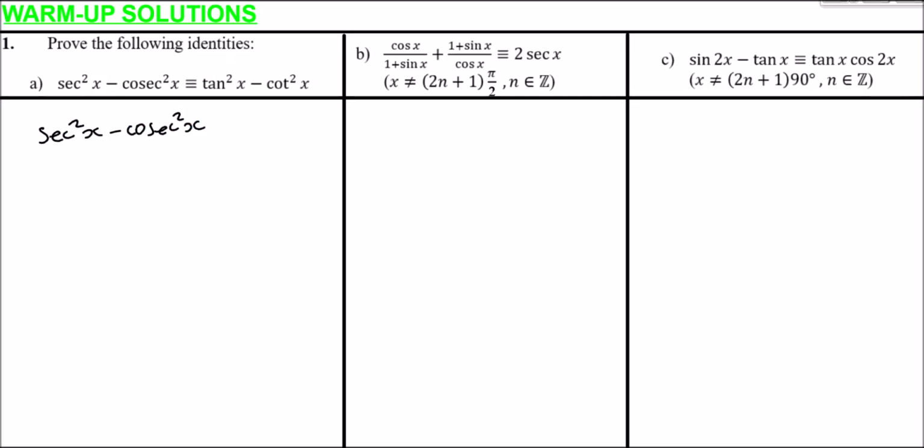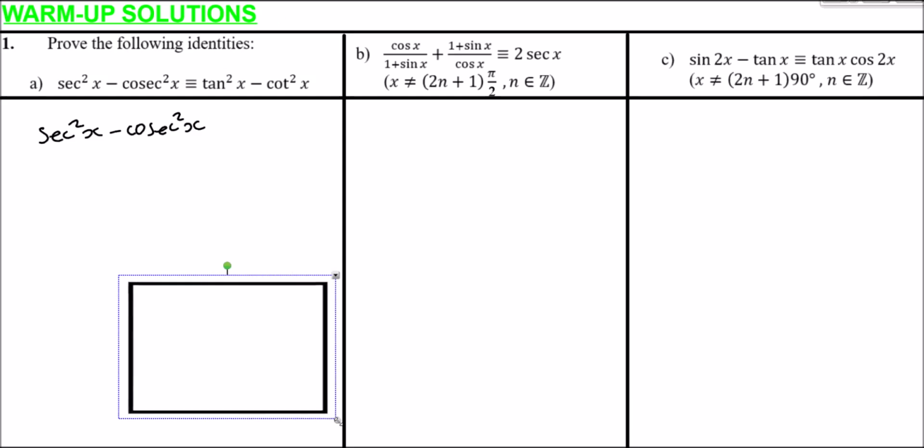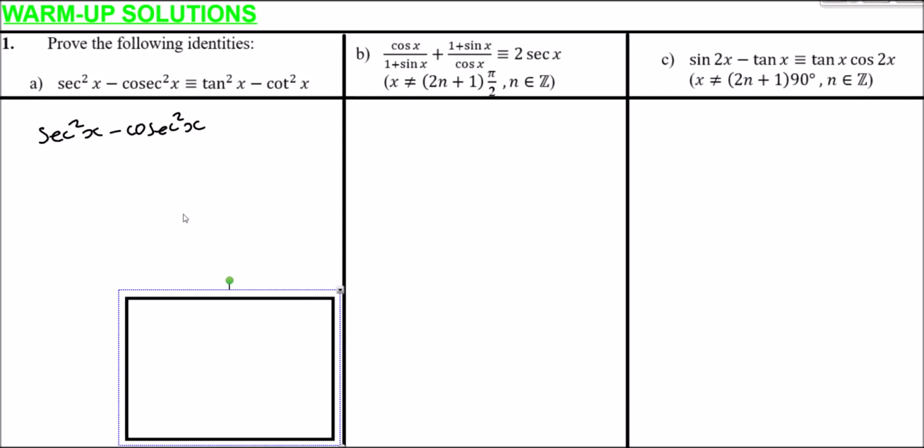And down here, I'm just going to put a little reminder for you, should you have forgotten the identities. But importantly, there's 2 key identities to remember in order for us to get this solved easily. The identities are that 1 plus tan squared x is the same as sec squared x.